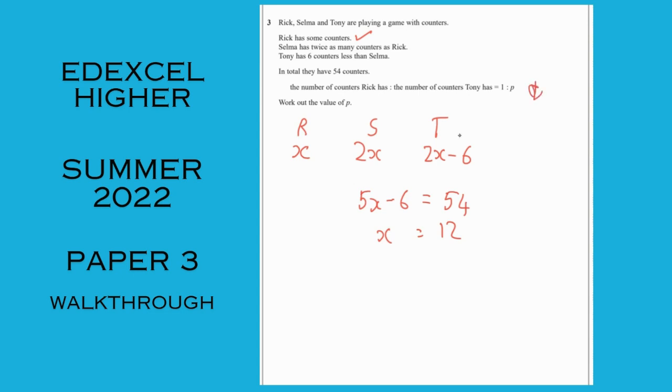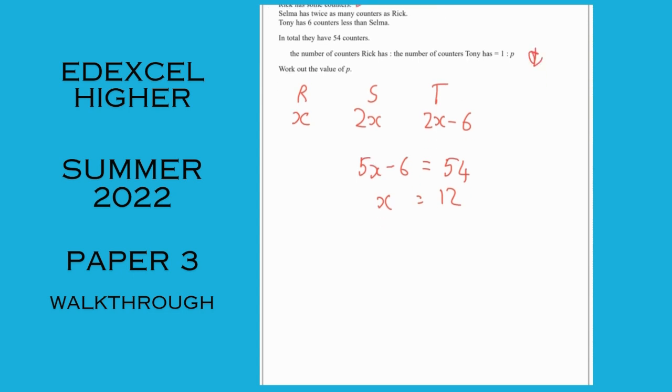Now we can look at the final line. The number of counters Rick has, x, x is 12, to Tony. Tony is 2 12s, 24, take away 6, 18. And weirdly, not a fan of decimals in ratio, but there you go.